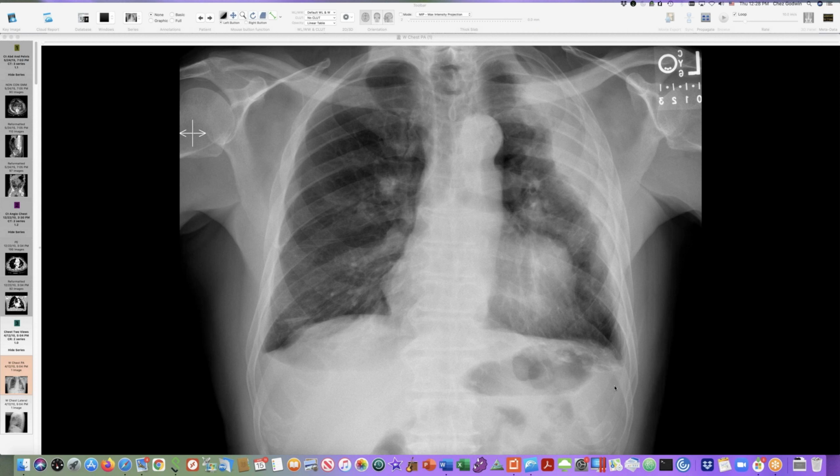Yeah, and even if it truly wasn't there before, I have a hard time with anything benign, anything neoplastic, just popping up and then not growing. Yeah. Oh, it's interesting. It's kind of neat though. Yeah.